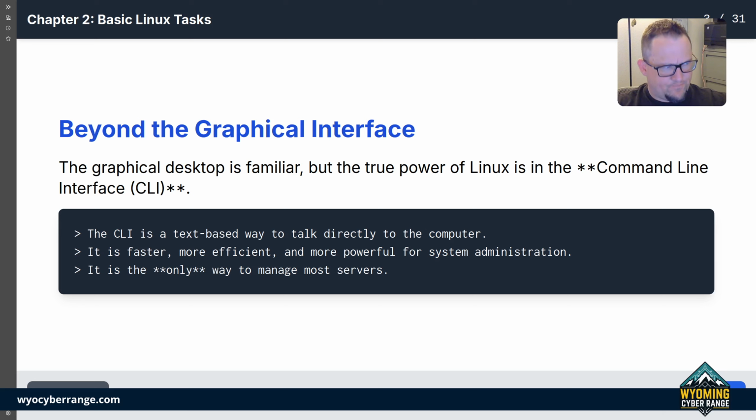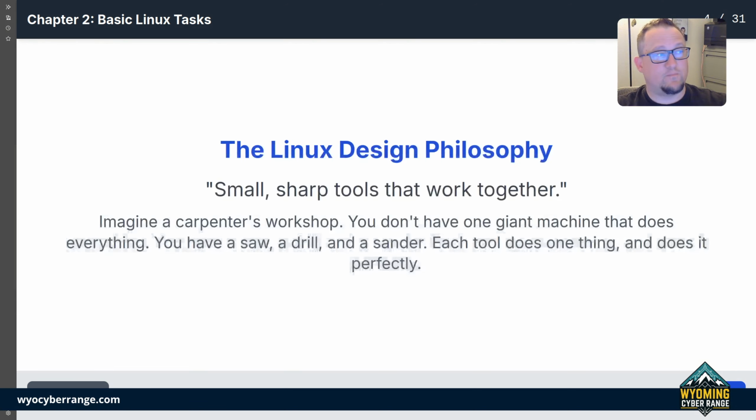Mainly because it is mostly the only way in a lot of Linux operating systems to manage the system. And the reason for this is we don't want to waste resources on the GUI, the graphical interface, when all this machine is designed to do is to house a web server. So we run things through command line interfaces.